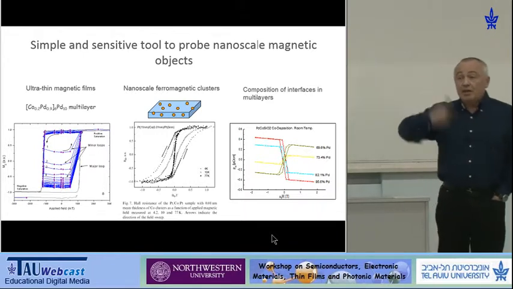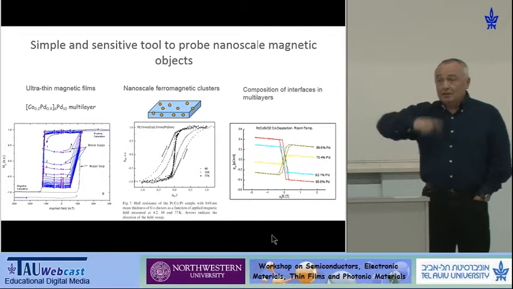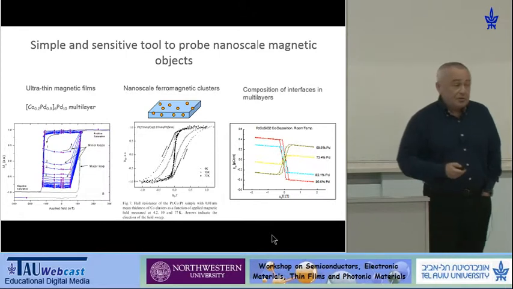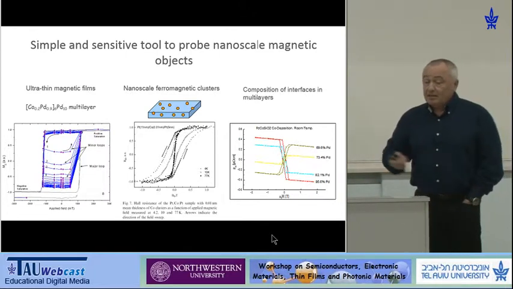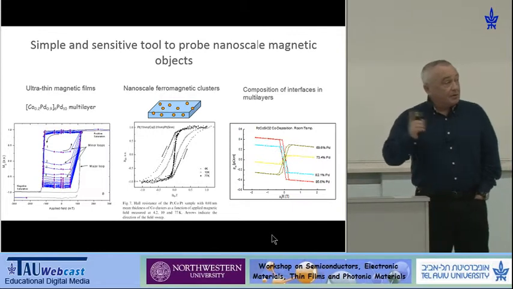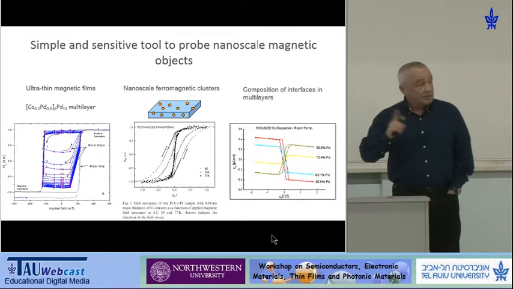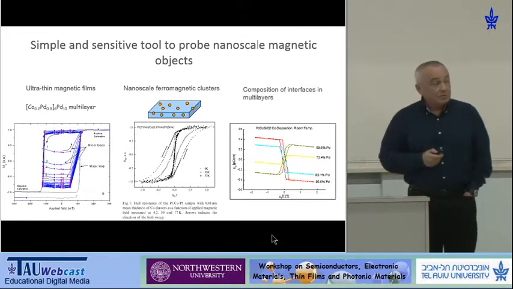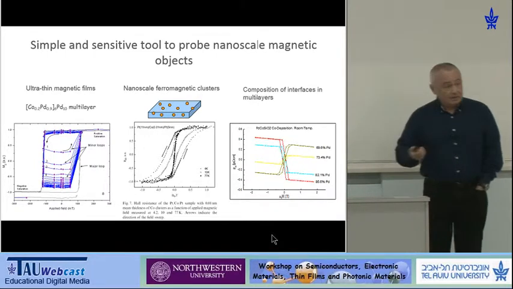The extraordinary Hall effect changes its polarity somewhere when the concentration of palladium exceeds about 75%. This is exactly more or less the range where all the materials with perpendicular anisotropy, multilayers with perpendicular anisotropy, exist. So by measuring the polarity of the extraordinary Hall effect, we can know the state of the interface.